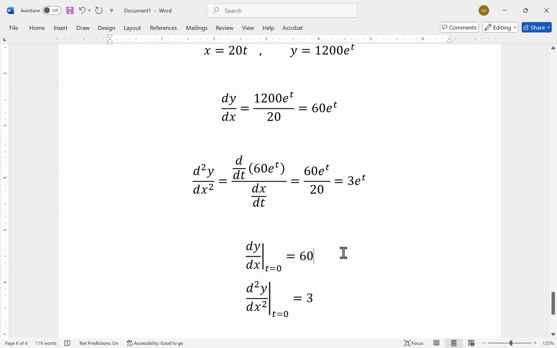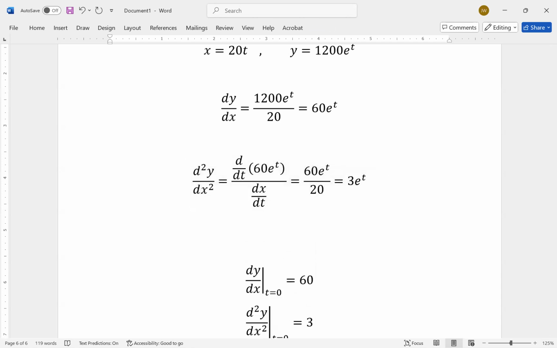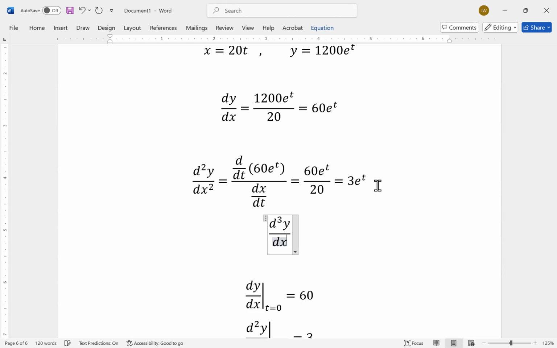We could do a third derivative as well if we'd like. If I wanted to do the third derivative, I just take the derivative of 3e to the t. In fact, we haven't done one of those yet, so let me just do that. What I would do is take the derivative with respect to t of the second derivative.